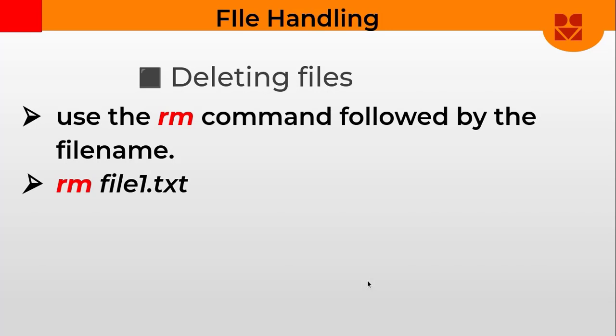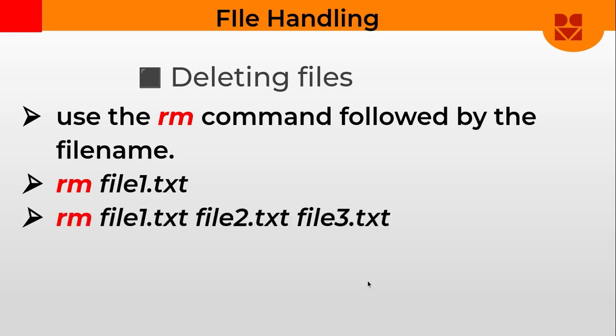To do that, you can just use remove and then the file name. If you want to remove multiple files, you can still do that. Just append all the file names after the remove command. If you want to forcefully remove the file, you can add the -f option.